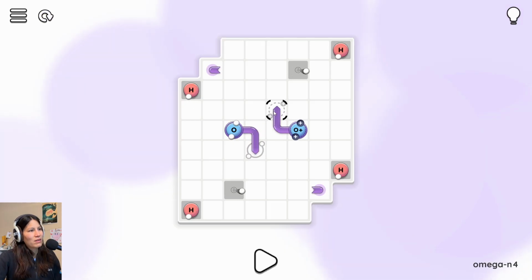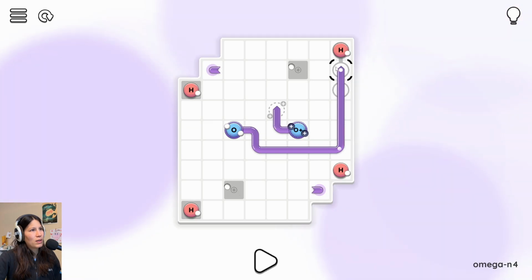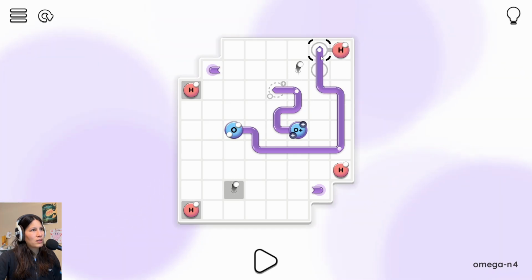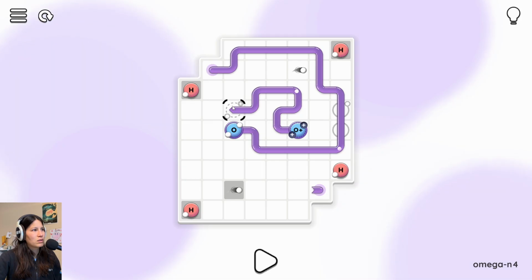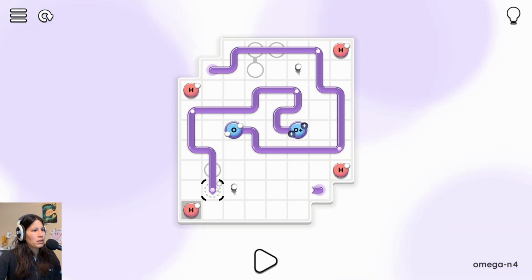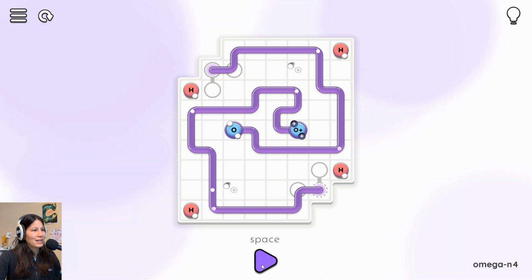They're kind of in the way of each other, so I kind of like... Maybe I go around this way, and then this one gets that. So if this one goes around like that, then I can go like this. So then this one goes... I can go up and to the left. There we go. I did it.